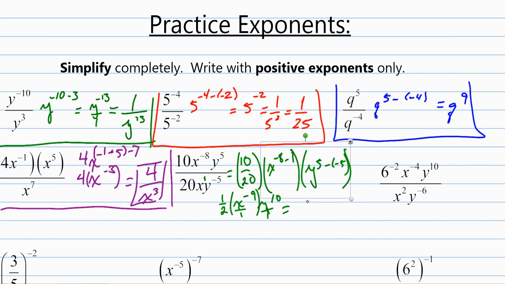And so what I'm left with is a y to the 10th on top, because 1 times y to the 10th is still just y to the 10th, over 2x to the 9th. Now I know that there are a lot of pieces here. The key is just to take each piece one step at a time.